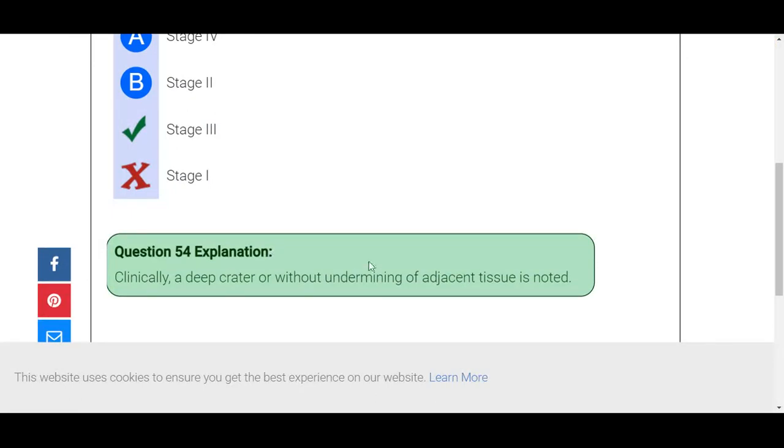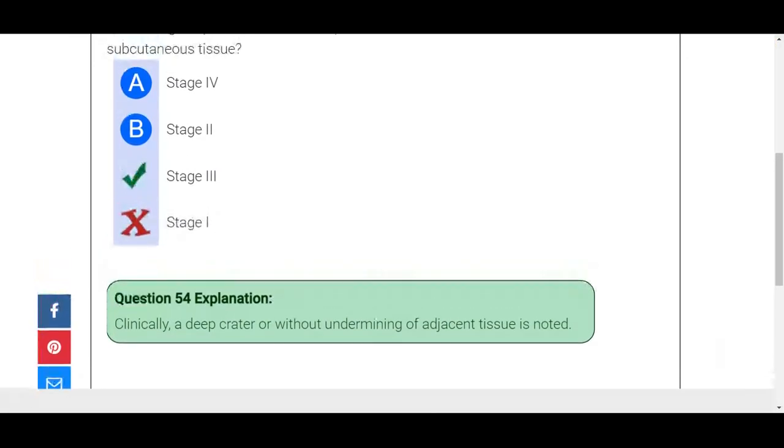Clinically, a deep crater without undermining of adjacent tissue is noted. Okay, I got it now.